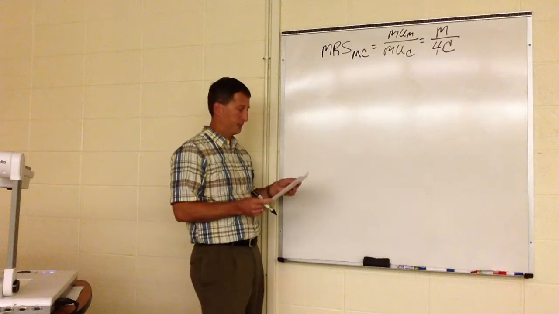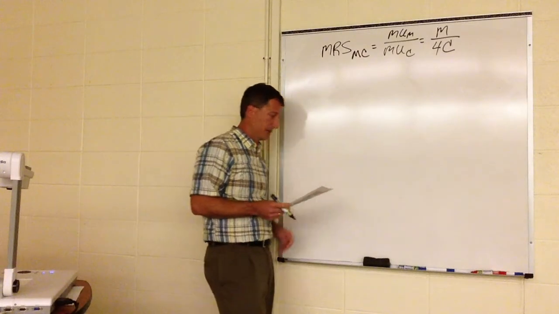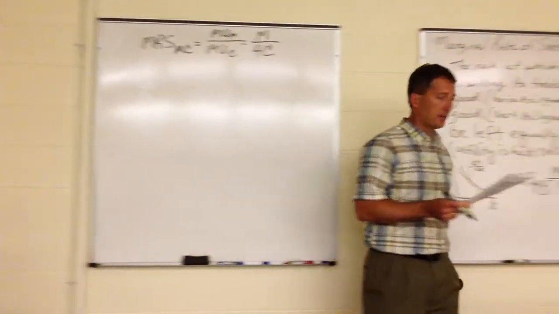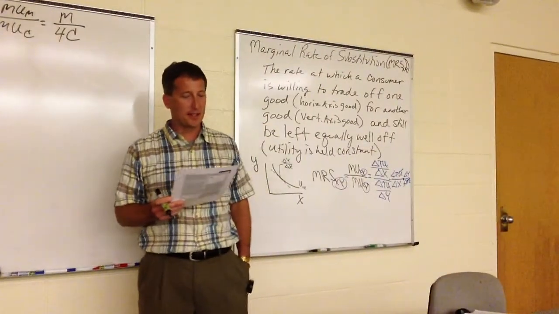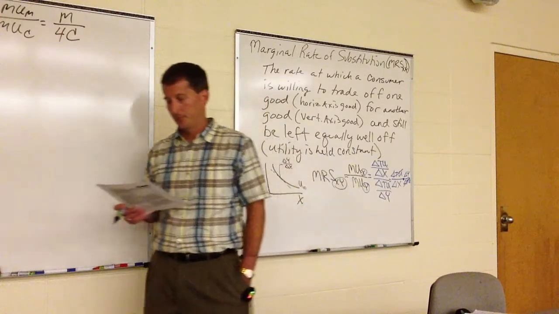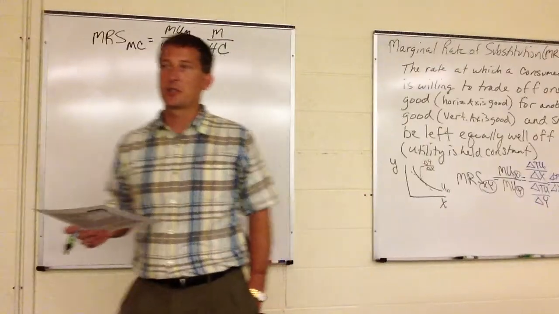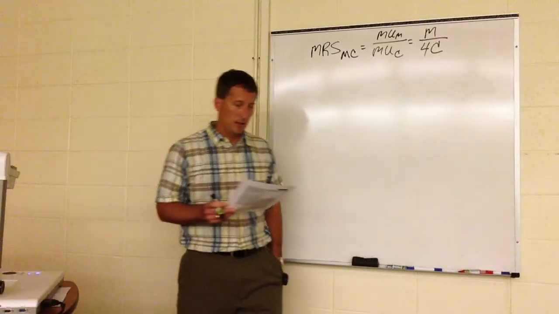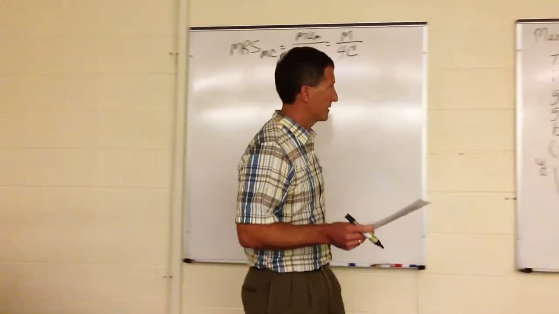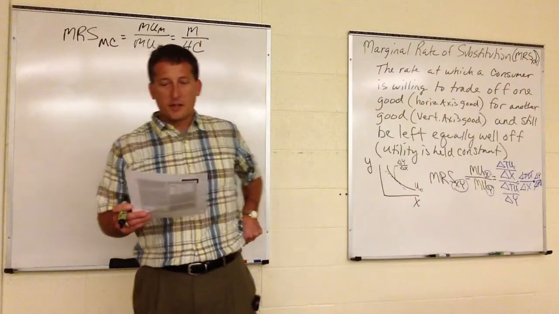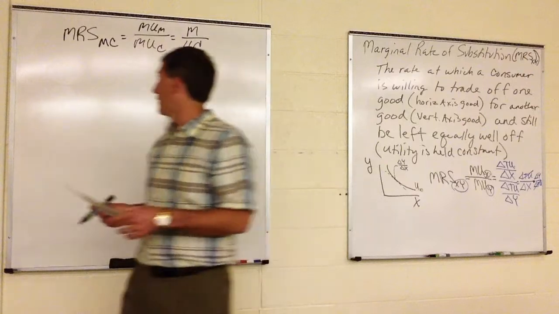Okay. Would bundles of 4 and 1 and 2 and 2 be on the same indifference curve? How would you go about calculating that? So we're getting 2 points. Would 4 and 1 and 2 and 2 be on the same indifference curve?